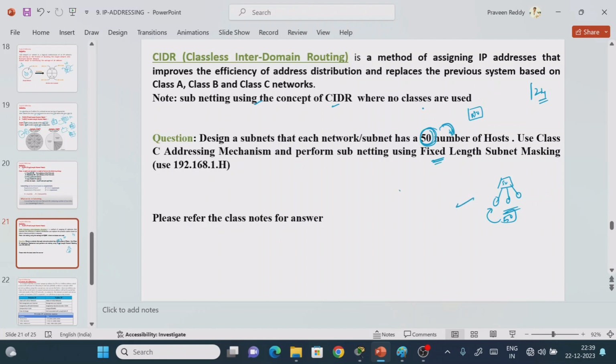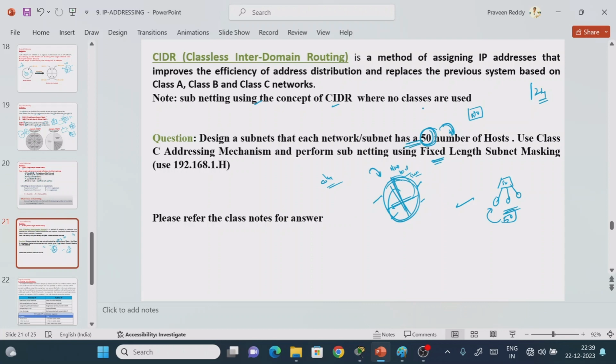Based on this requirement, I need to divide the one class C network into multiple pieces. After that, how many networks will we get, what is the starting IP address, ending IP address, network address, broadcast address, and subnet mask, we need to find out.